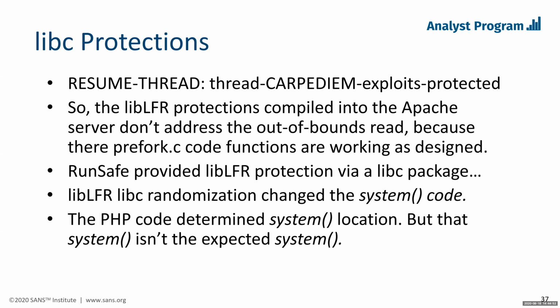Why? Because the randomization that is provided when I recompiled Apache is actually randomizing the structure of the functions at runtime in Apache's memory, in Apache's executable code is really how I should say that.